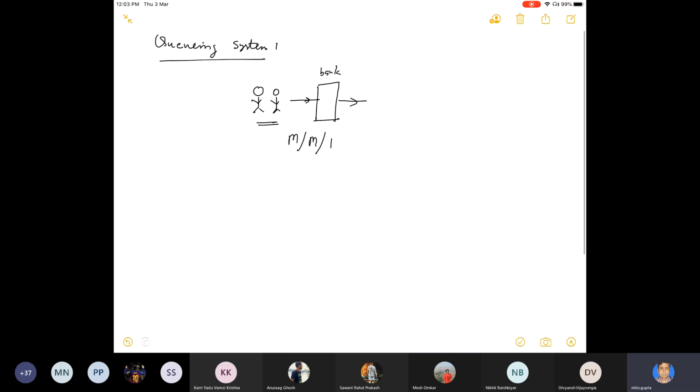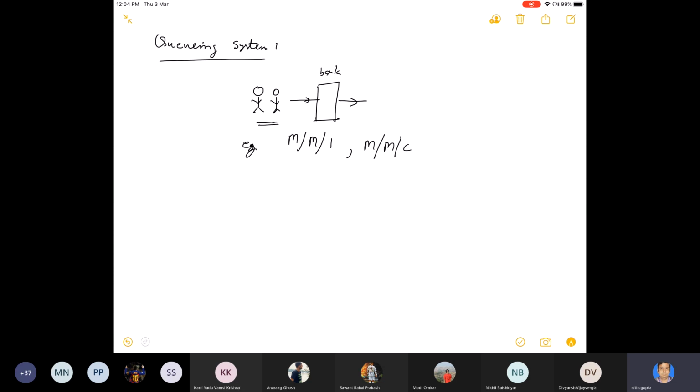Similarly, other kinds of systems are also there: M/M/C, where there are C servers or C clerks. The first M denotes that inter-arrival times are exponential, the second M denotes that the service time distribution is exponential, and the one denotes one server.